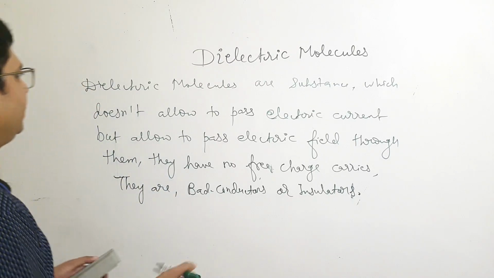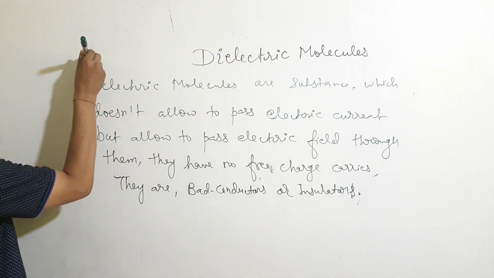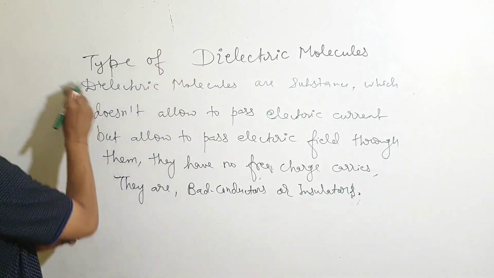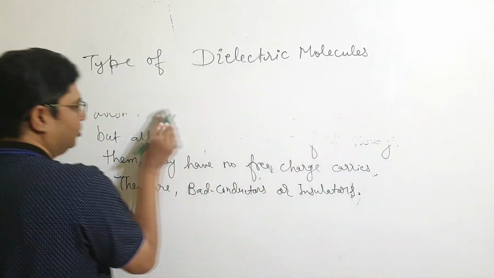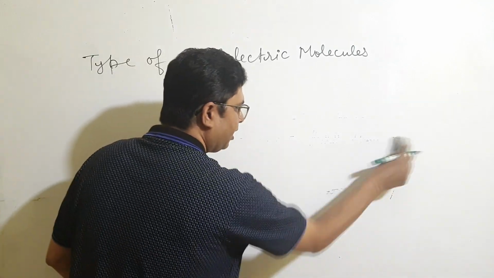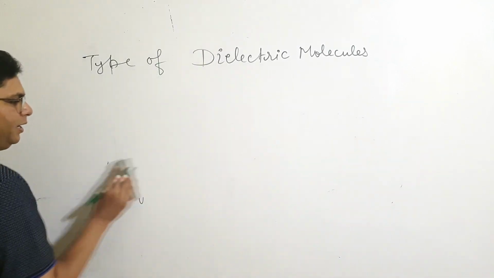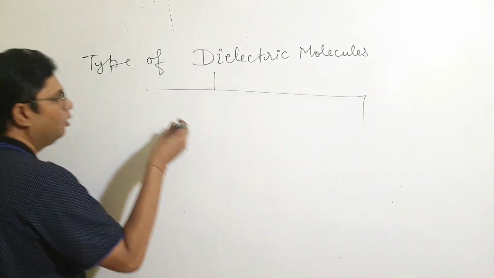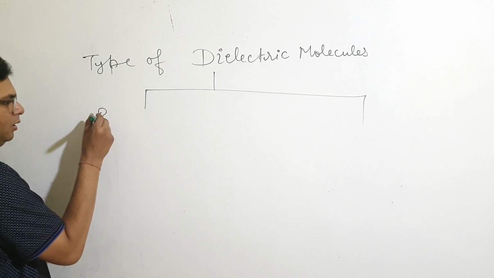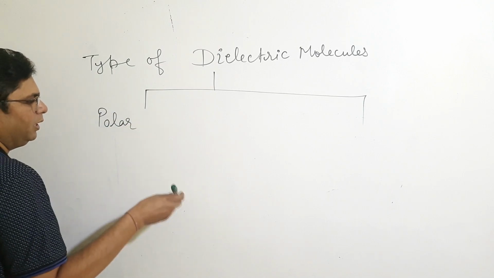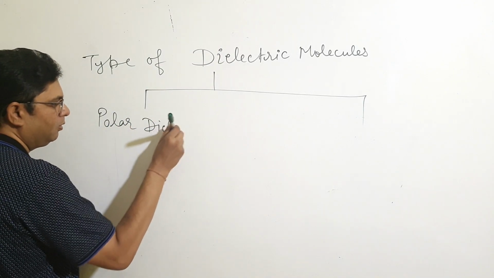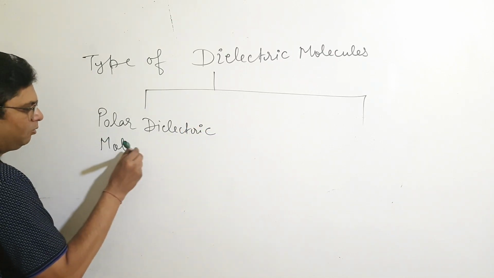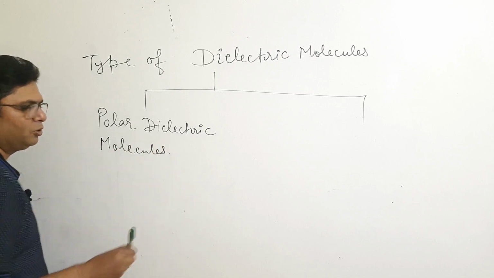Now you are going to understand the types of dielectric molecules. There are two types of dielectric molecules. One is said to be polar dielectric molecules.